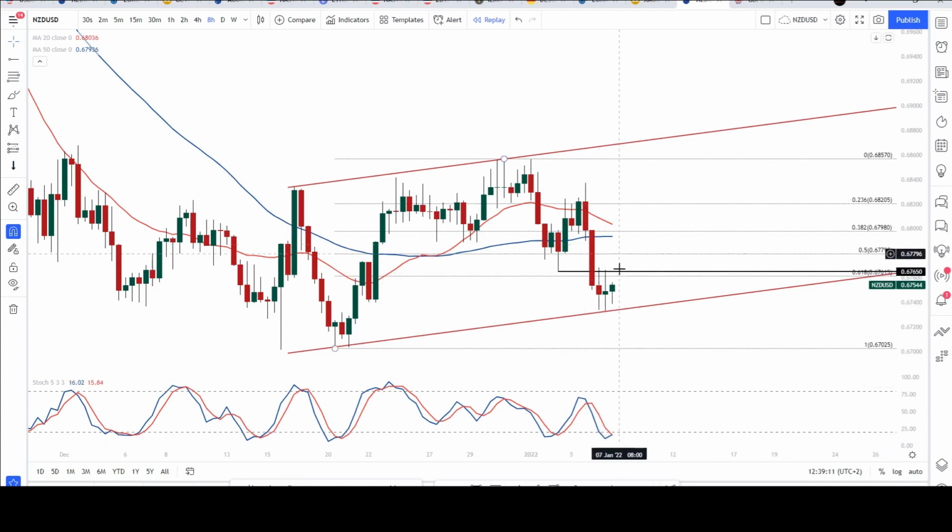The market was trading close to this channel low, and now we don't have Fibonacci support because the 61.8 Fibonacci retracement is above there, but we have something else here. We have this recent low and the Fibonacci level coinciding.